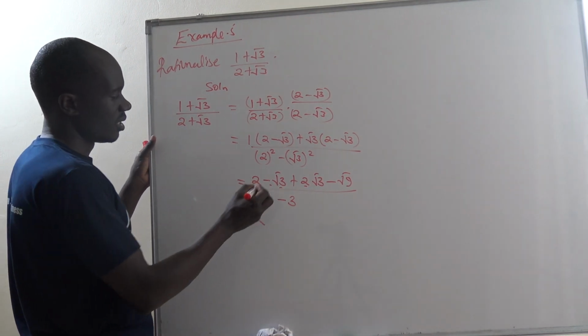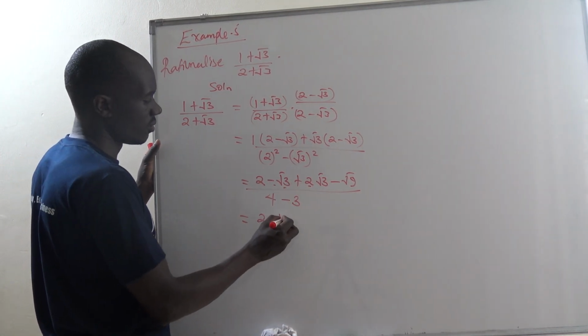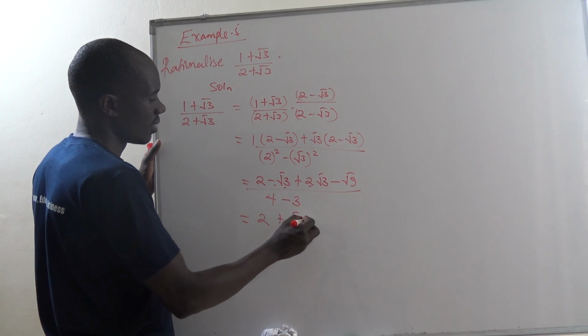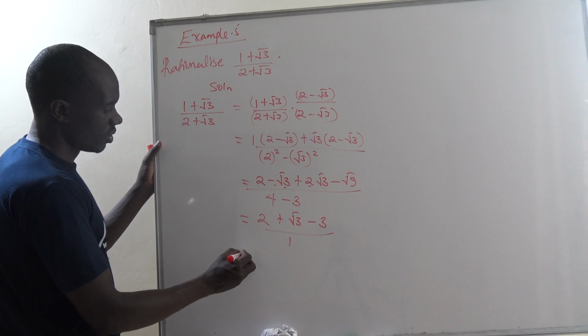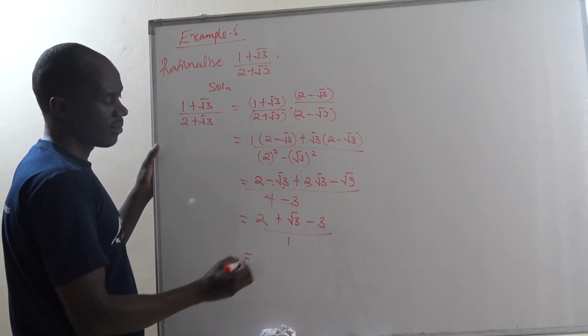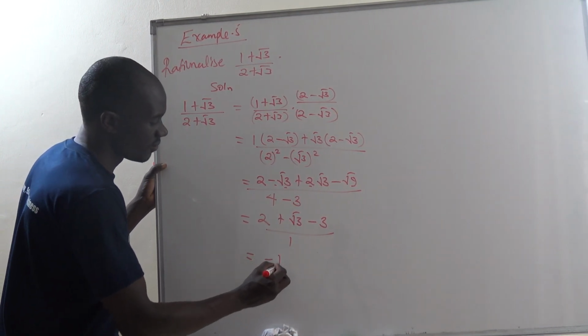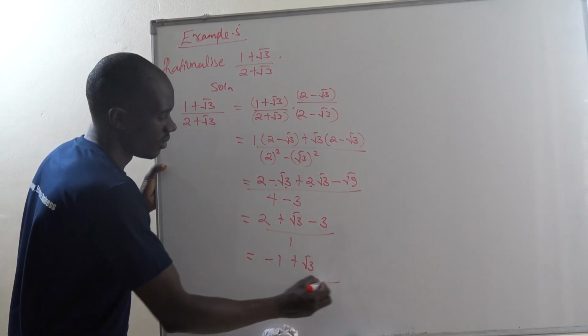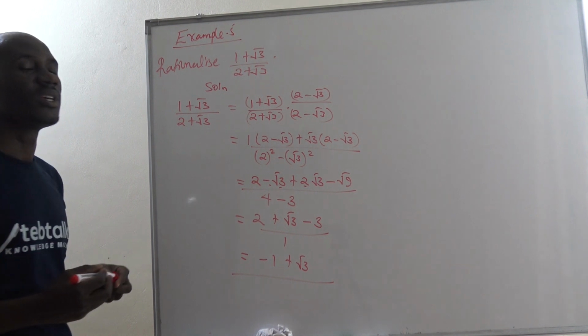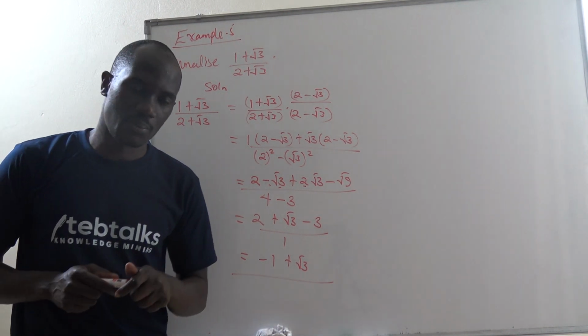We add them. Negative 1 plus 2 we are getting only plus 1 root 3. Then minus the square root of 9 is 3, all over 1. So this becomes 2 minus 3, you're getting negative 1 plus root 3 all over 1. That one becomes the correct answer of that example.